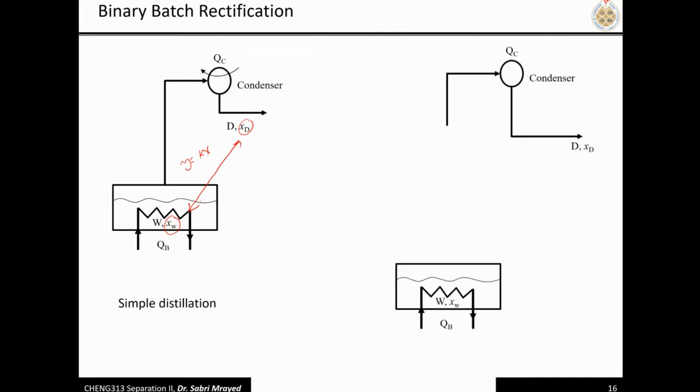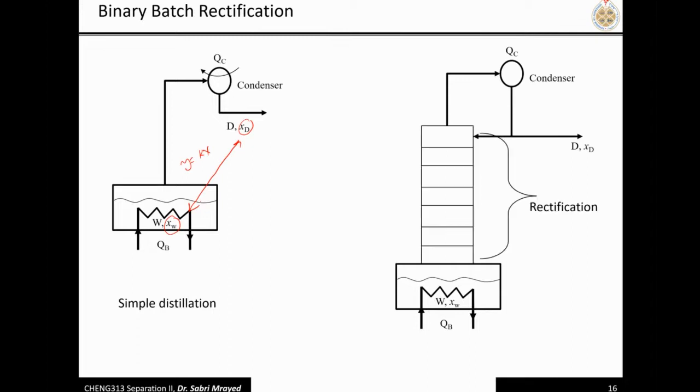Now the other scenario, if we have something between this one and this one, which is going to be the rectification section. So we have stages now, maybe 1, 2, 3, 4, 5, and so on, up to n here. Can we say xW and xD are again at equilibrium, even with total condensation?